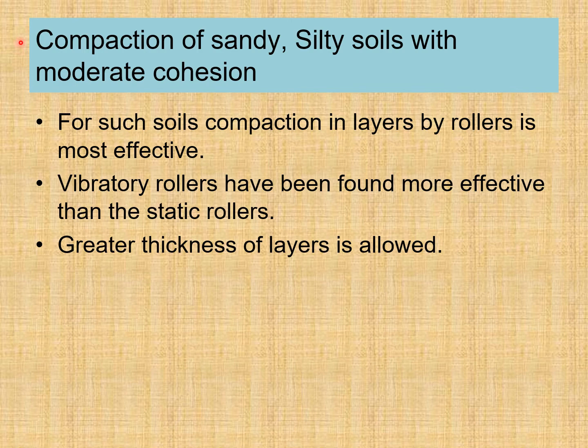Compaction of sandy, silty soils with moderate cohesion: for such soils, compaction in layers by rollers is most effective. Vibratory rollers have been found more effective than the static rollers. Greater thickness of layers is allowed.